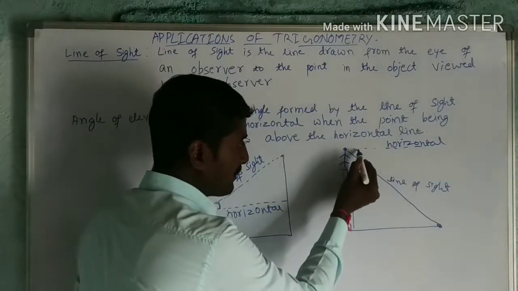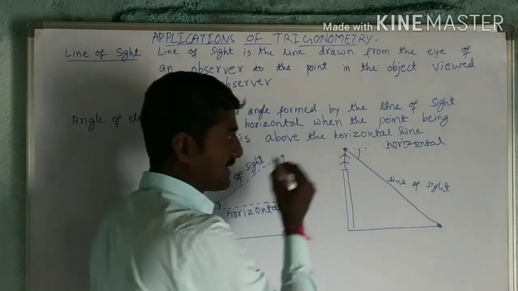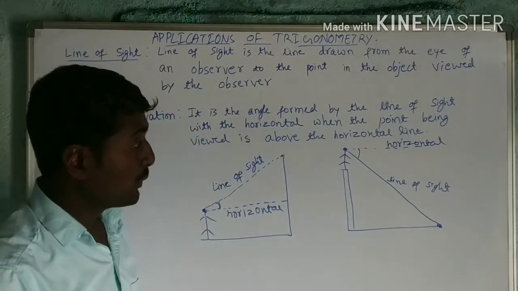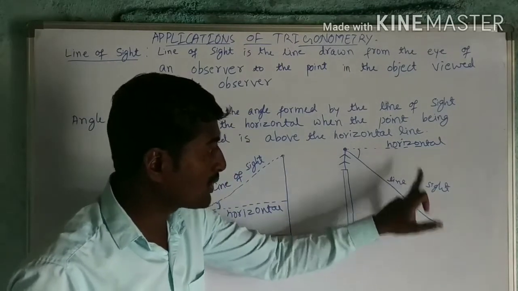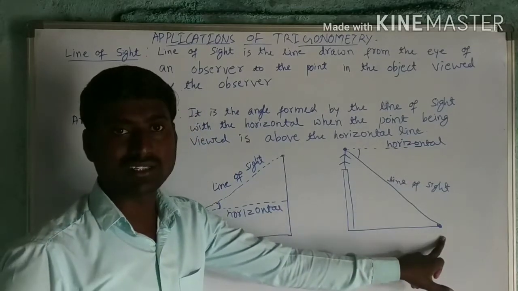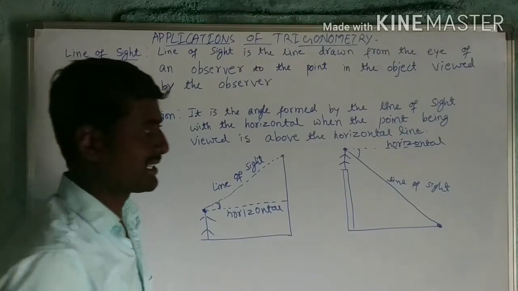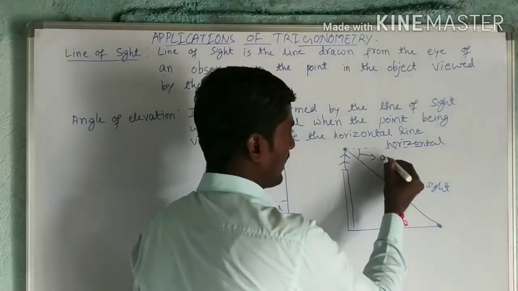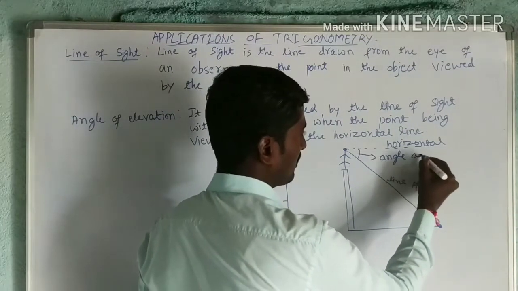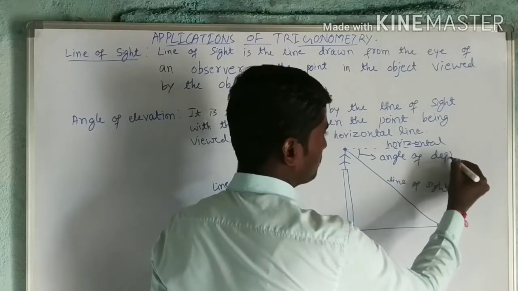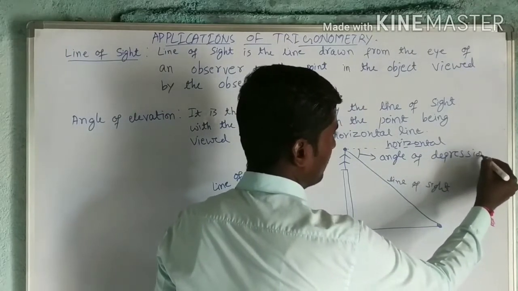Then there must be another angle formed. Here is also one angle formed when the object is below the horizontal line. So this angle is called what? Angle of depression. Okay.